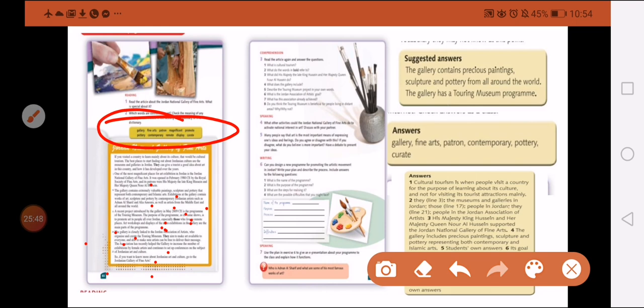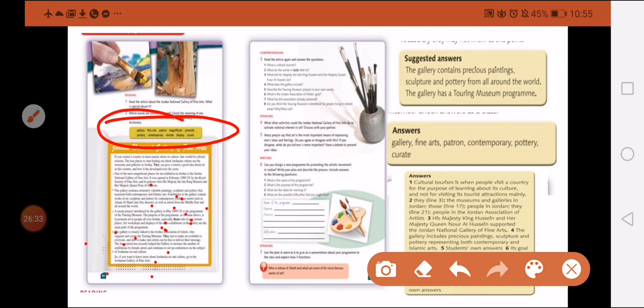The association has recently helped the gallery to increase the number of exhibitions. إذن الاتحاد ساعدت الجاليري حتى يرفع من عدد المعارض by female artists, اللي هم الفنانات, and continues to set up conferences, مؤتمرات, on the subject of Jordanian art and culture.